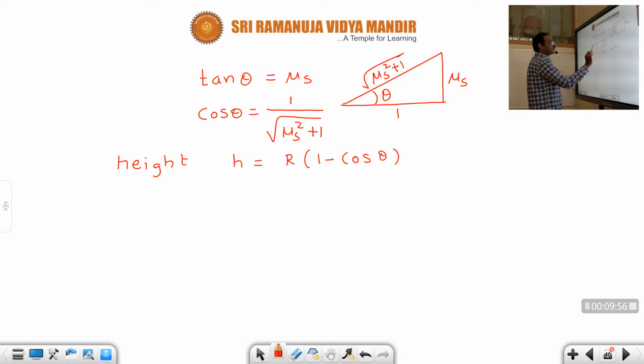Now let us substitute cos theta as 1 by root under mu square plus 1.